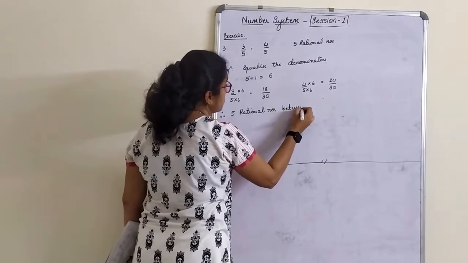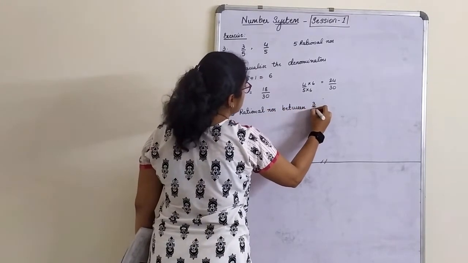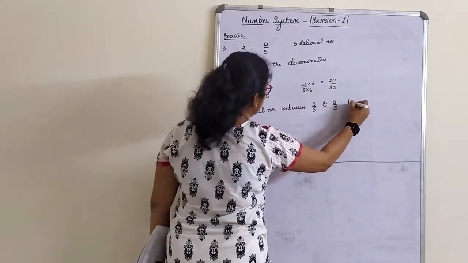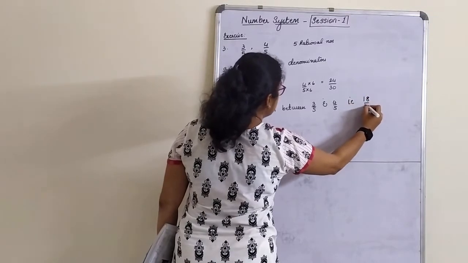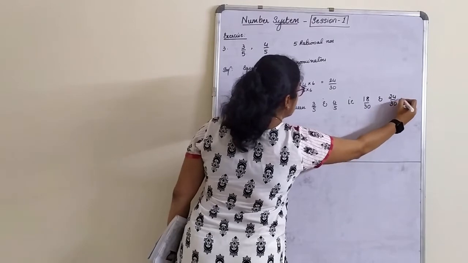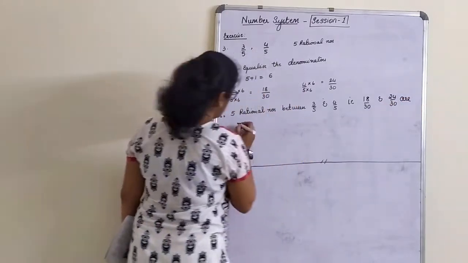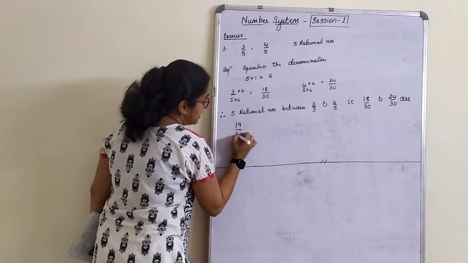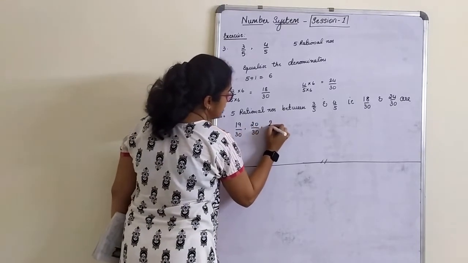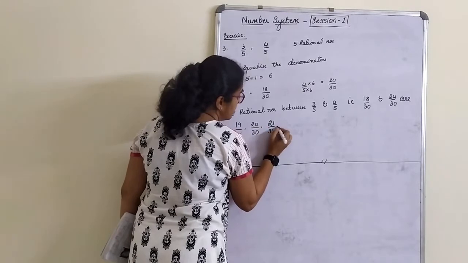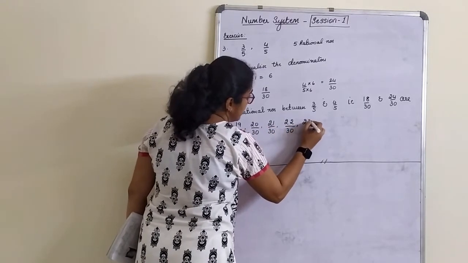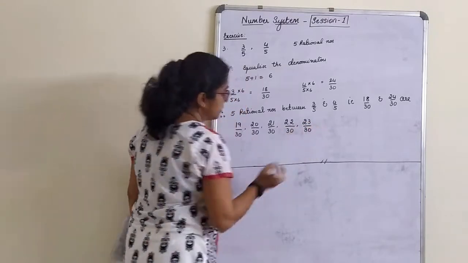between 3 by 5 and 4 by 5, that is 18 by 30 and 24 by 30 are 19 by 30, 20 by 30, 21 by 30, 22 by 30 and 23 by 30.